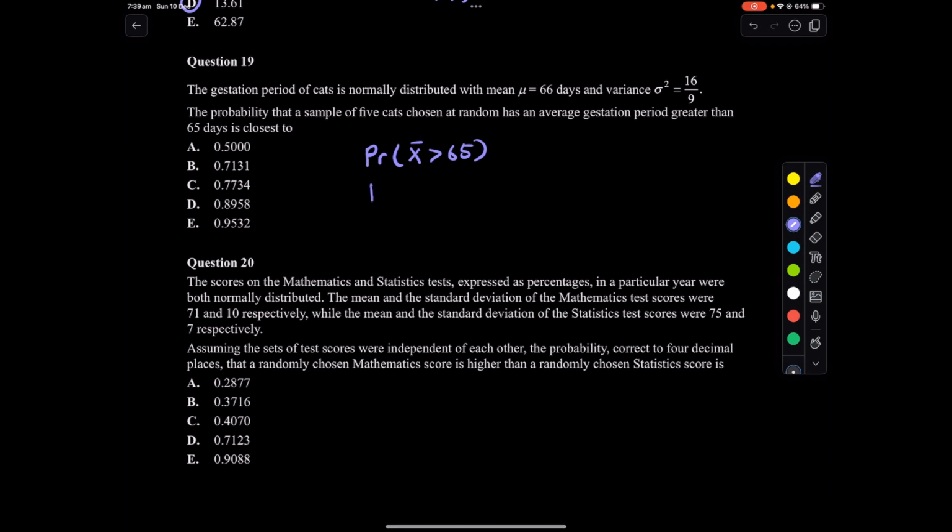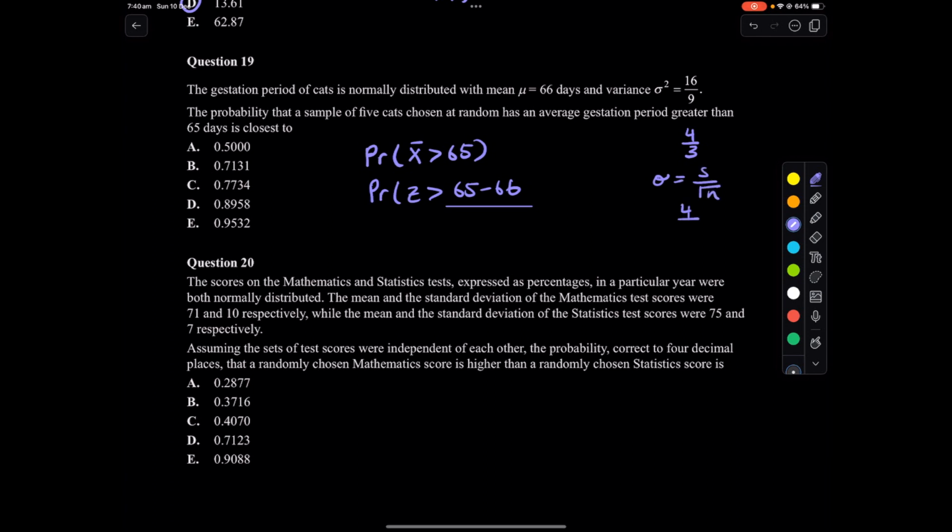Okay, easy. Well, change it just to the standard normal is greater than 65 minus your mean, which is 66, because that doesn't change, divided by the standard deviation, which we need to find. It's the square root of this, so it'll be 4 over 3, but you also need to remember the standard deviation of the sample mean is s over root n.